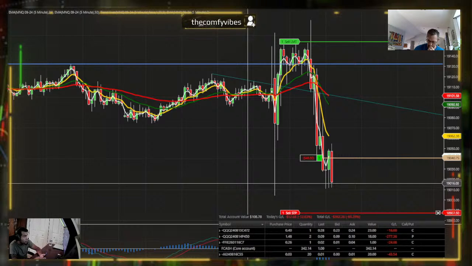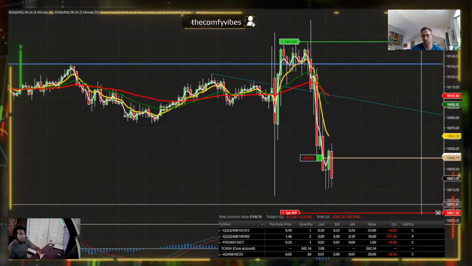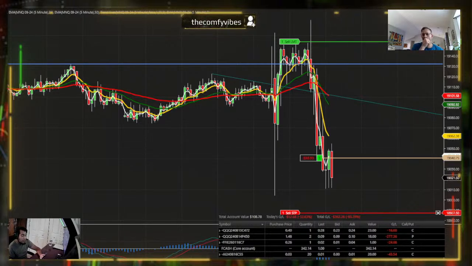This thing is going to keep running down. What are you basing that off of? Usually whenever you have a down move like this, you have two legs. One right here, then it consolidates, and then another drop down. I don't know, man. Like I said, it really depends on the buying and the selling pressure.